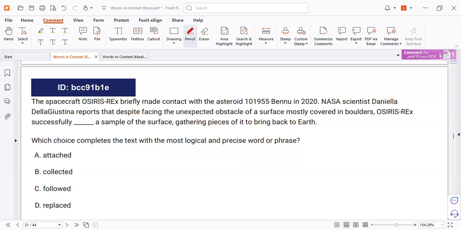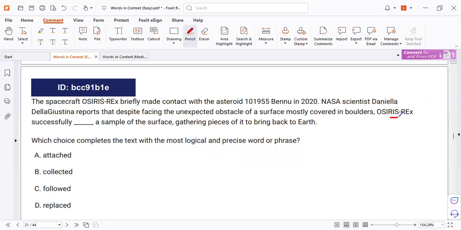It's not replaced and it's not attached. It's B. Let me help you. Find the subject and verb and object.